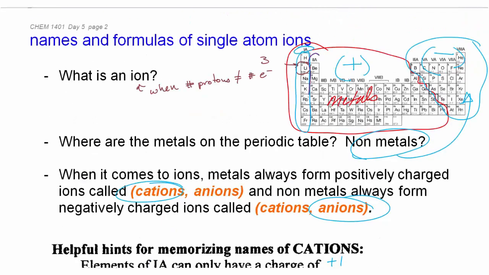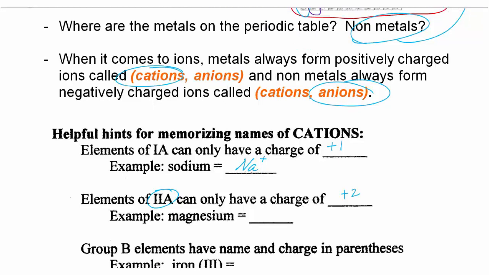So all of these elements in group 2A form +2 charged cations. So magnesium would form an ion of +2. This would be a magnesium atom. Now it's written as a magnesium ion.